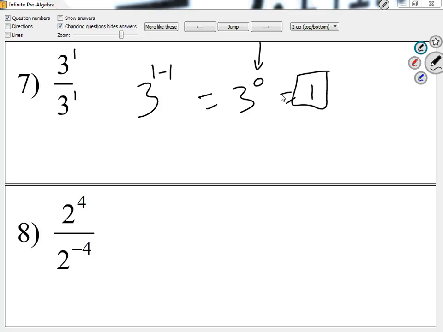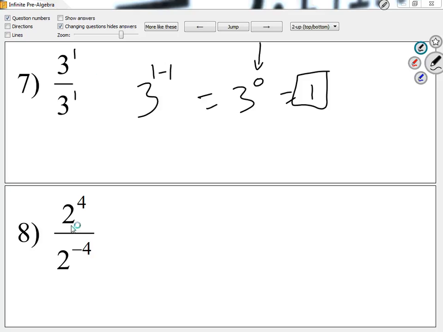I don't care what the base is, as long as the exponent is 0, my answer is 1. So that is the third rule. I showed you the first one, we subtract the exponents. The second one, negative exponents, make a fraction. Now the 0 exponent, that's the third rule. I told you we're going to cover 3 rules.